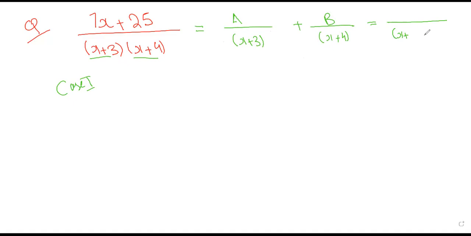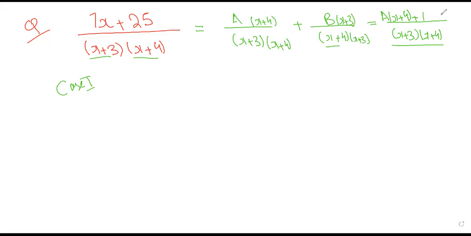So I will take the LCM, and this is going to give me x plus 3 into x plus 4. And now when I take this LCM, I'll multiply x plus 4 with this factor. So I would have to multiply that with A as well. So that would be A into x plus 4 plus, again, this is x plus 4. In order to get this, I need to multiply x plus 3 with this, so I'll multiply x plus 3 with the numerator as well.